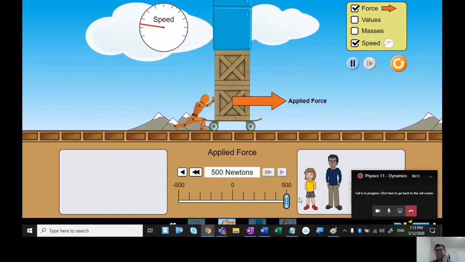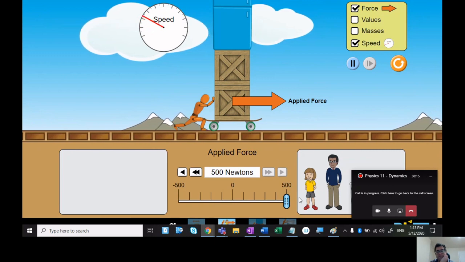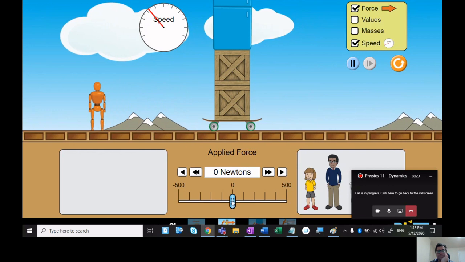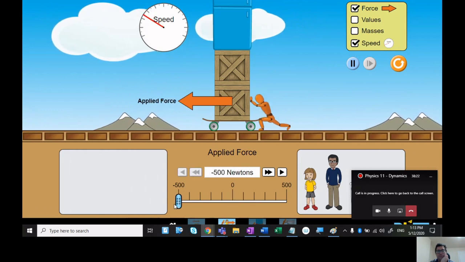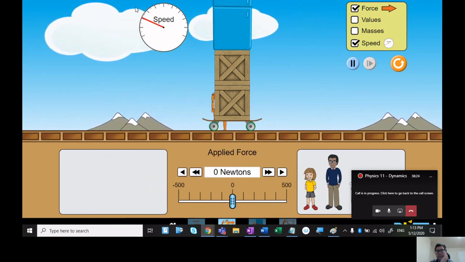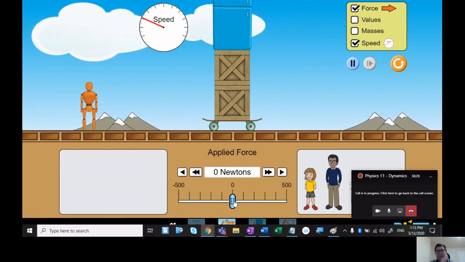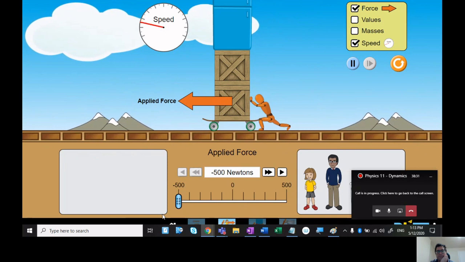Positive force, speed increasing positively. A negative force will be reducing a positive speed, right? A negative force affects the speed negatively. That's what we're seeing.